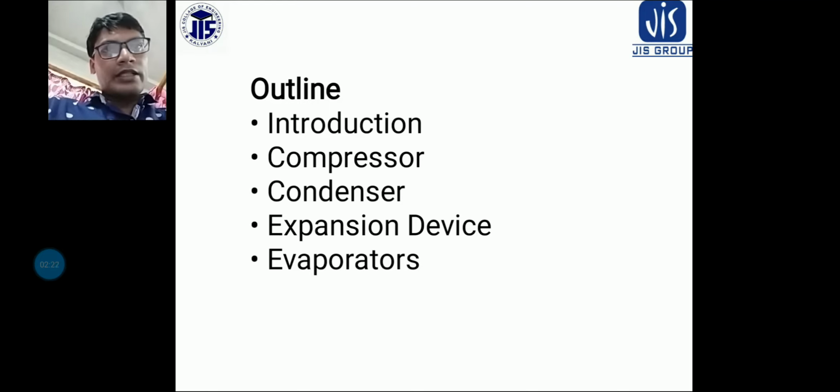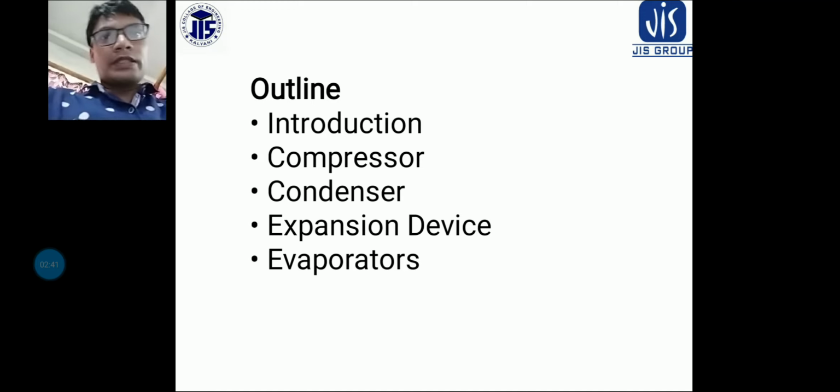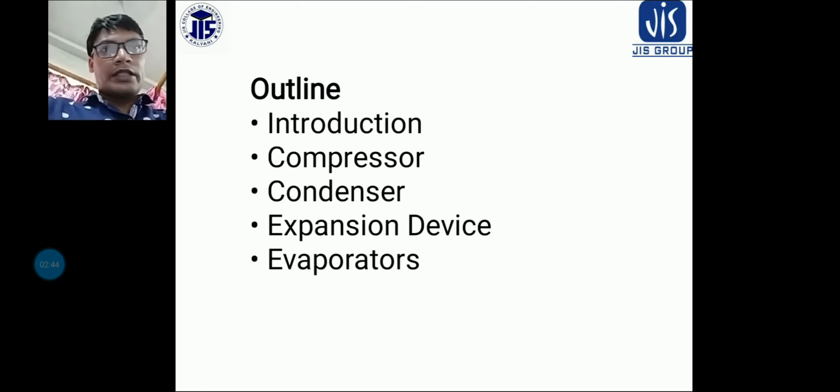The compressor takes low pressure vapor refrigerant from the evaporator and circulates it to the condenser.